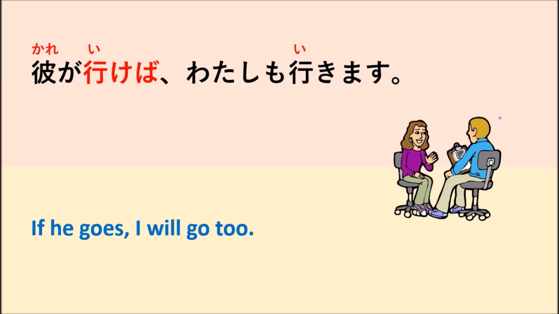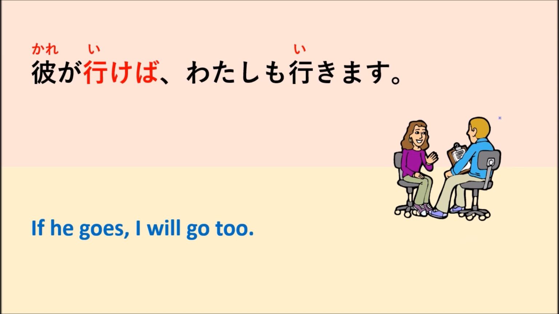Here what you have to learn is to change the verb 行きます。行く。行けば. It starts with 行きます, which is the masu form, and the dictionary form is 行く, which means go.